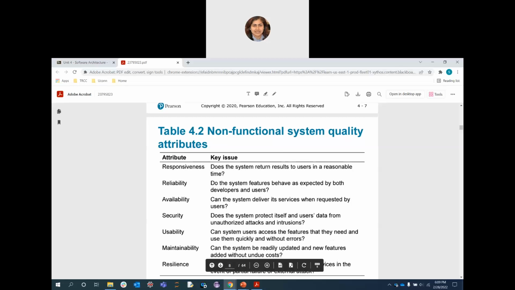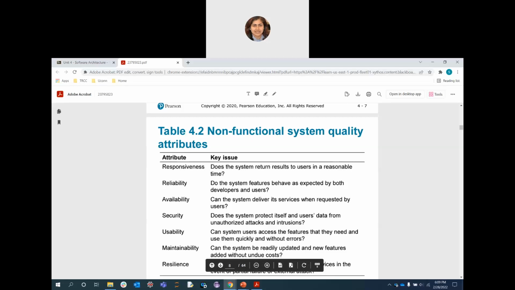Architecture is important because the architecture of a system has a fundamental influence on all the non-functional system quality attributes or properties, which are seen here in table 4.2. Architectural design basically involves understanding the issues that affect the architecture of your product, and creating a description that shows critical components and their relationships in the system.